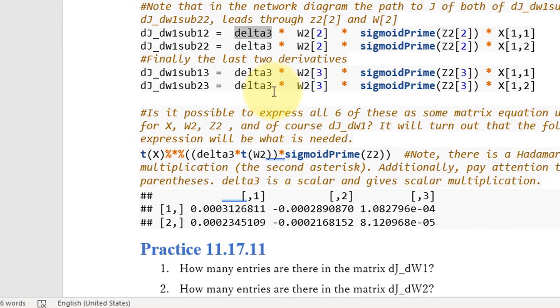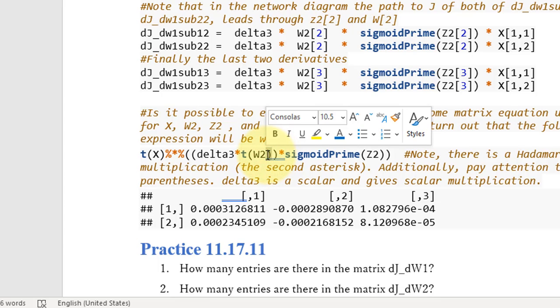But one more thing to notice here is, what is this, from this bracket to this one? What kind of object is that? Well, W2 is a matrix, so the transpose is a matrix.